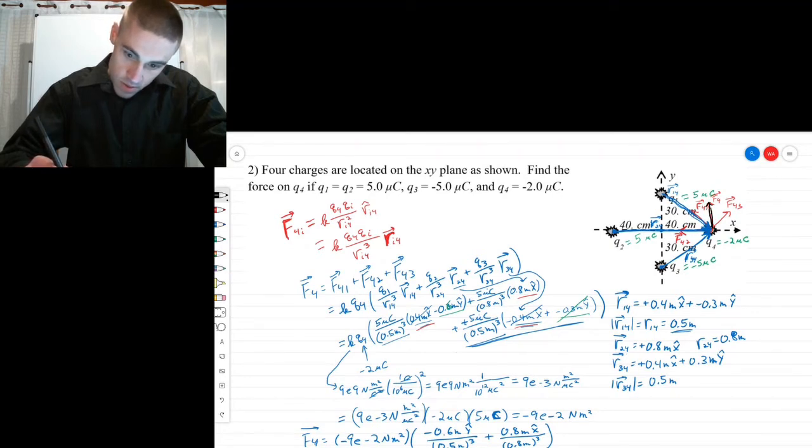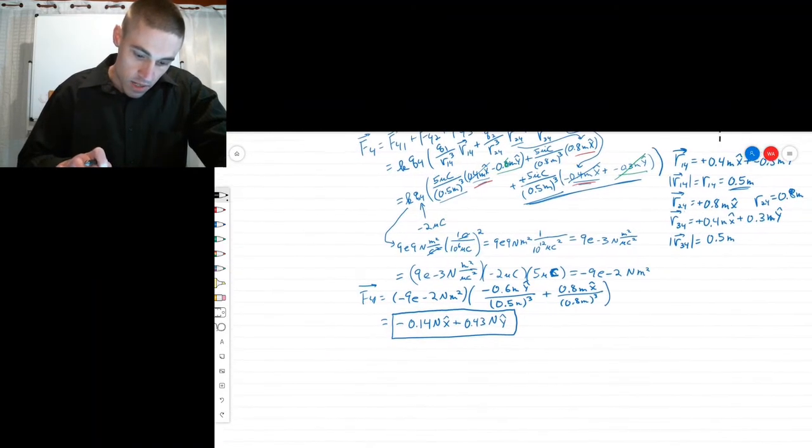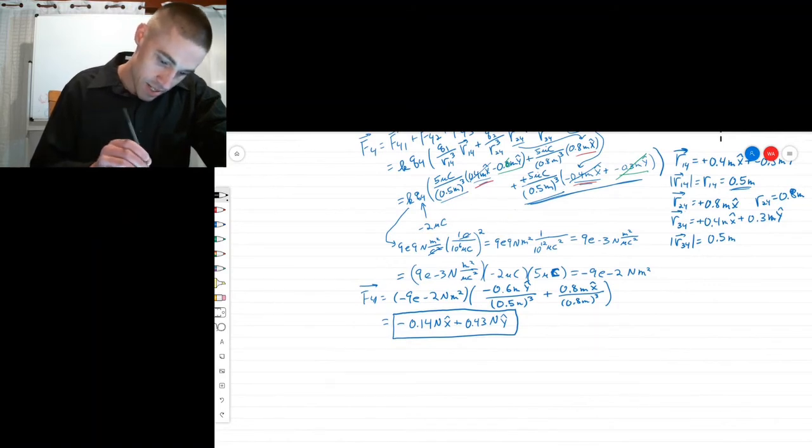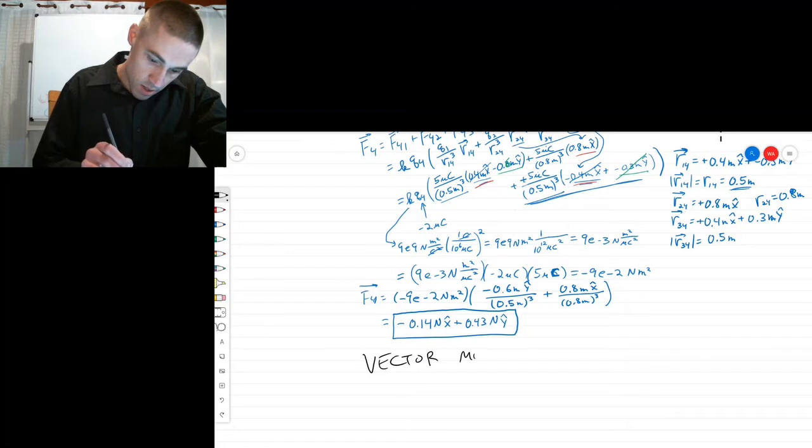So it's going to go something like this, which makes sense given the other forces there that made up the resultant force. Okay, great. So this calculation I would call the vector method of coming to the answer.